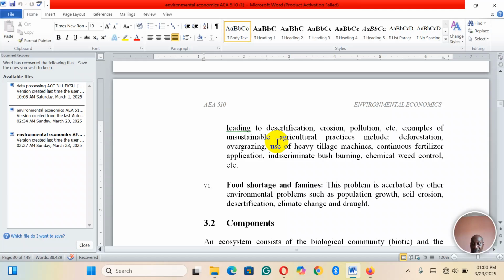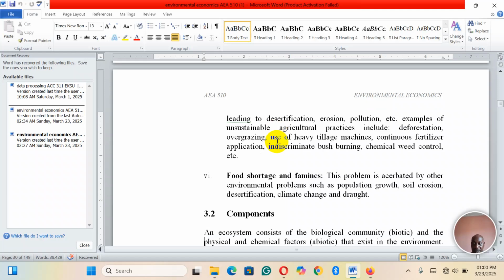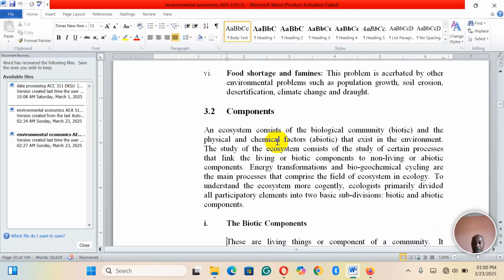So we are looking now at the components of the ecosystem. An ecosystem consists of the biological community, the biotic, and the physical and chemical factors, the abiotic, that exist in the environment.